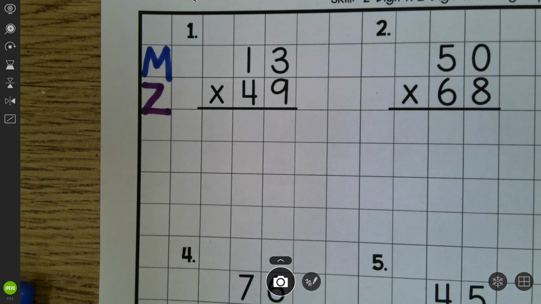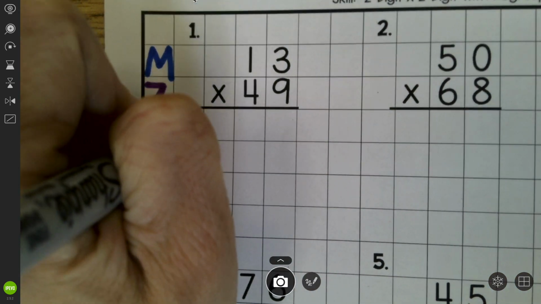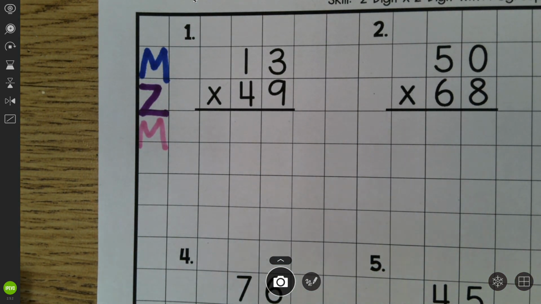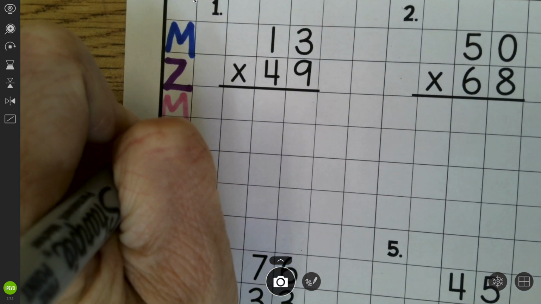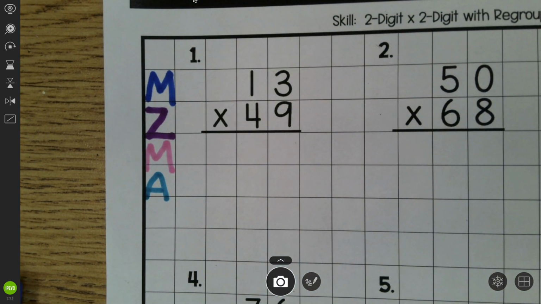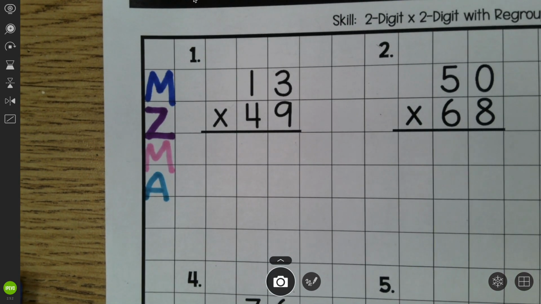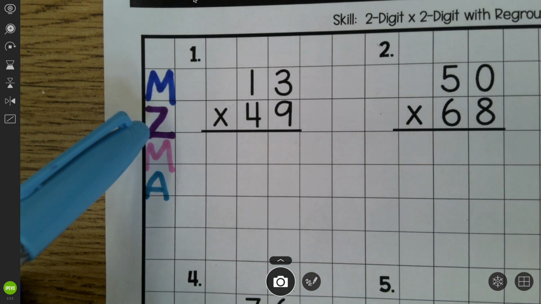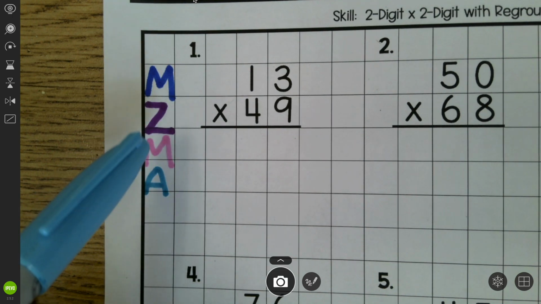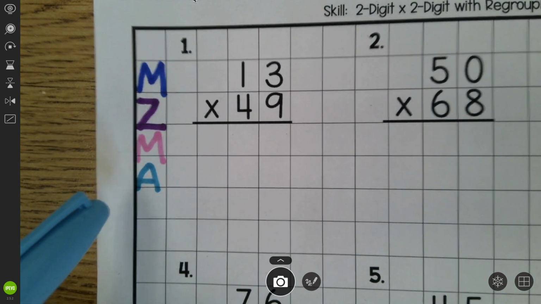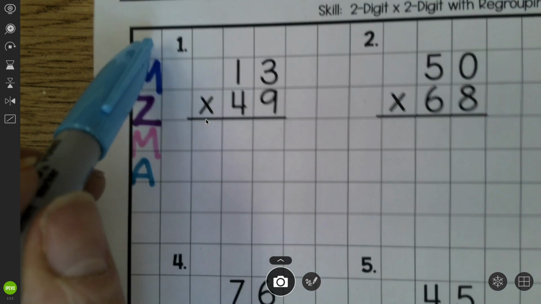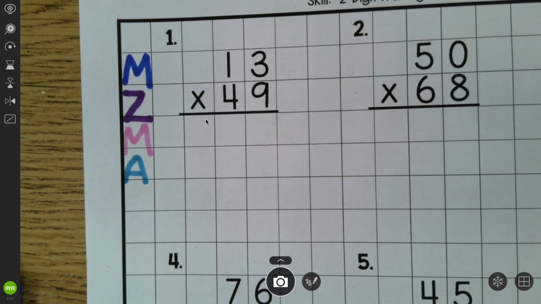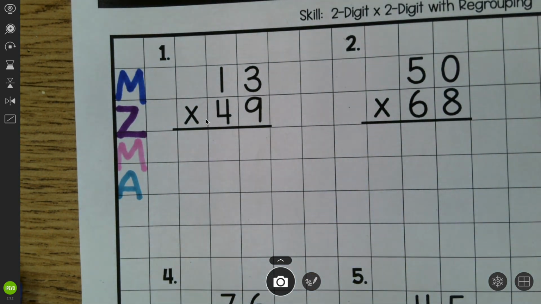So you can see each step. Many, but you just do it all with a pencil. Many zoos, many animals, okay? So the M stands for multiply, Z stands for 0, M again multiply, and A stands for add. Many zoos, many animals. Okay, so here we go.